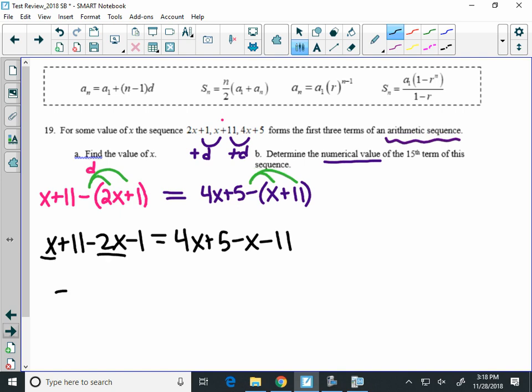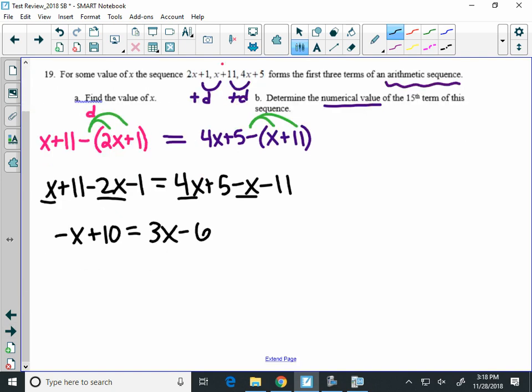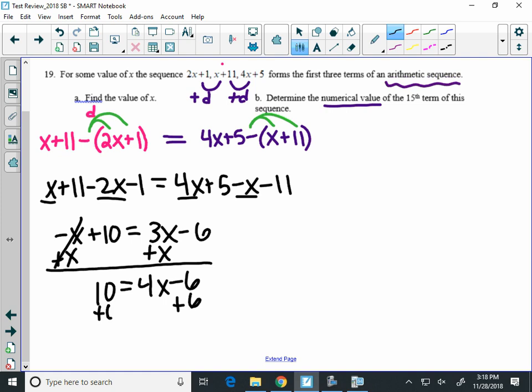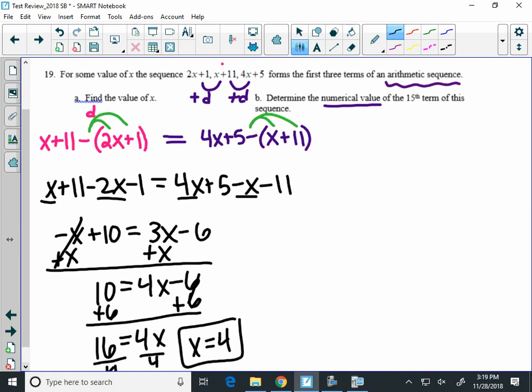So you'll get negative x plus 10, and 4x minus x is 3x, minus 6. All right, so we'll go ahead and keep solving for x. 10 equals 4x minus 6, and we're almost done. Add 6 and divide by 4. So we get x equals 4. That's great. All right, I hope that made sense.